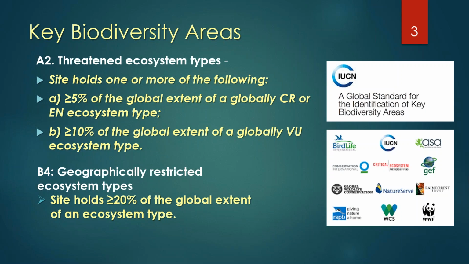If the type scores as vulnerable under the Red List of Ecosystems, then a KBA would be a site that encompasses greater than 10% of the current global extent of that ecosystem type. So it translates into fairly basic criteria. There's an awful lot of work that we need to do to get to that point.